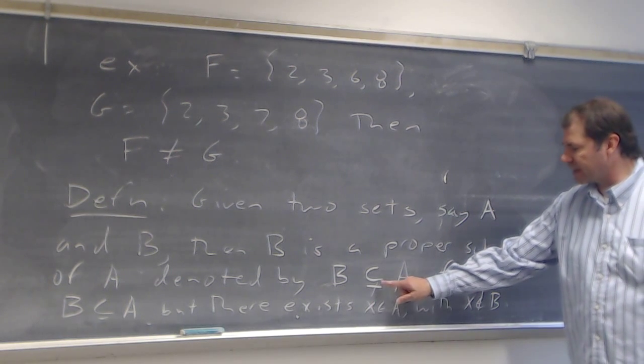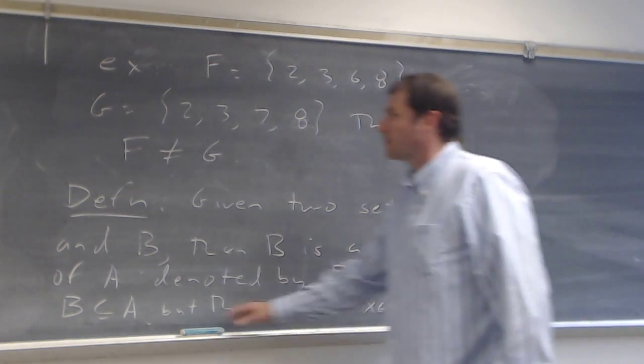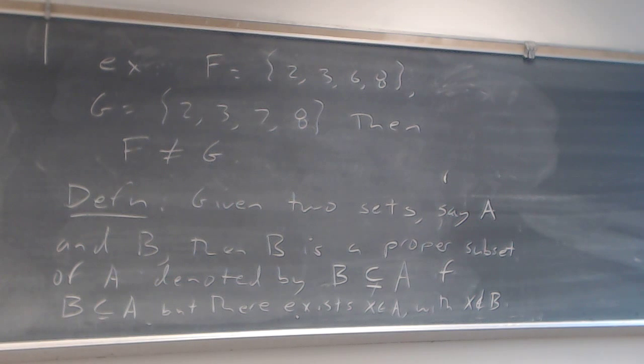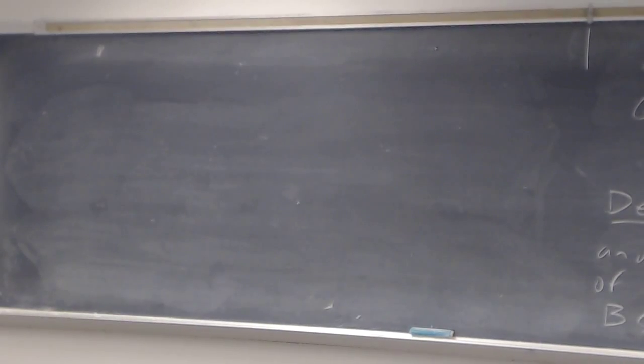Essentially, what we're saying is B is a subset of A, but it's not equal to A.